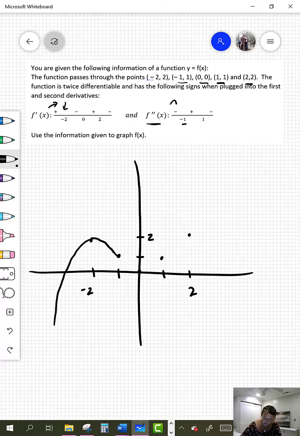And now it's starting to be concave up. It's decreasing until I hit 0, and then it's increasing until I hit 2. And I know that here it's concave up between negative 1 and 1. So this right here is another inflection point, and now it's going to start to be concave down again after 1.